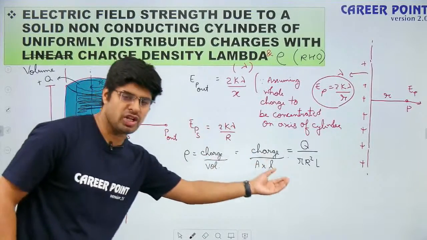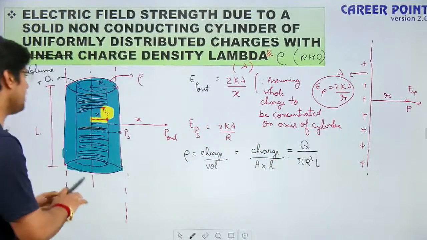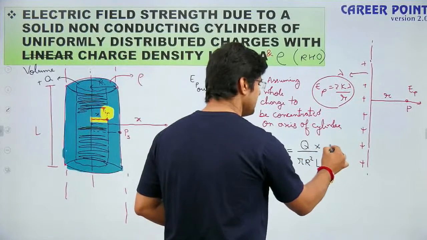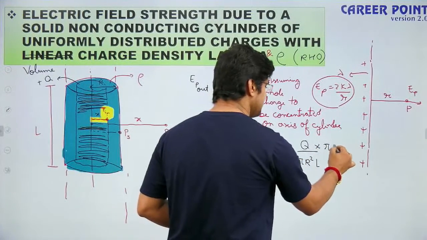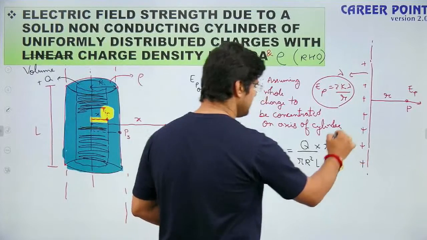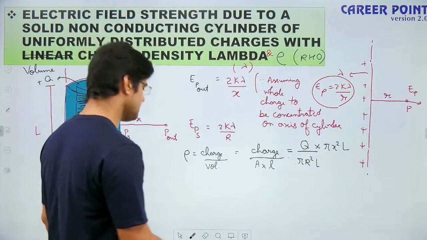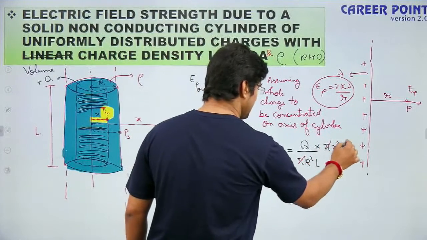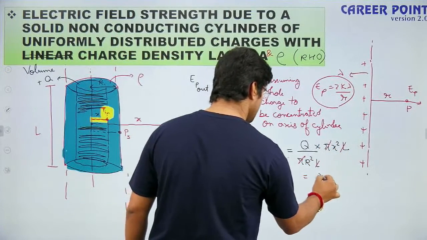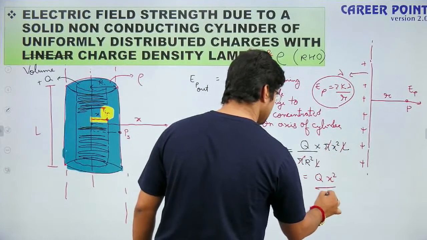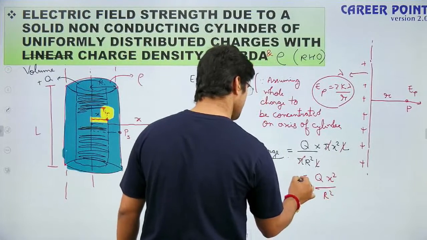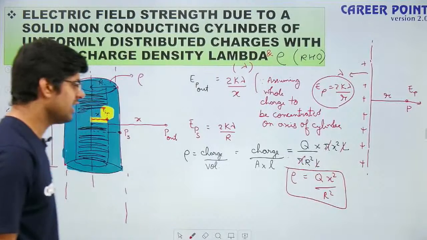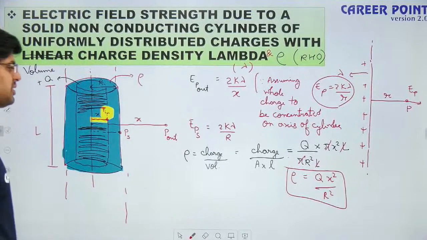That is charge per unit volume into the volume of the cylinder we are considering, which is pi into x square into length L. Pi cancels, L cancels, and only capital Q x square by R square remains.